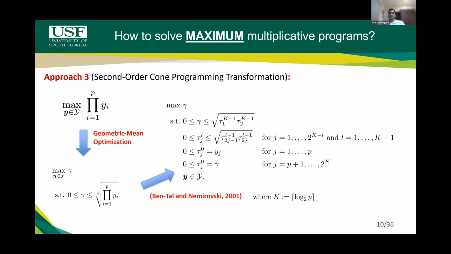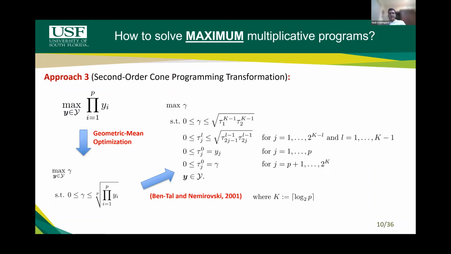In our case, this is going to be a mixed integer second order programming. We use the Ben-Tal and Nemirovski transformation, and that will change the problem into a second order program. The nice thing about mixed integer second order programming formulations is that you can solve them using Gurobi or CPLEX, so you can use their power to solve the problem very efficiently.